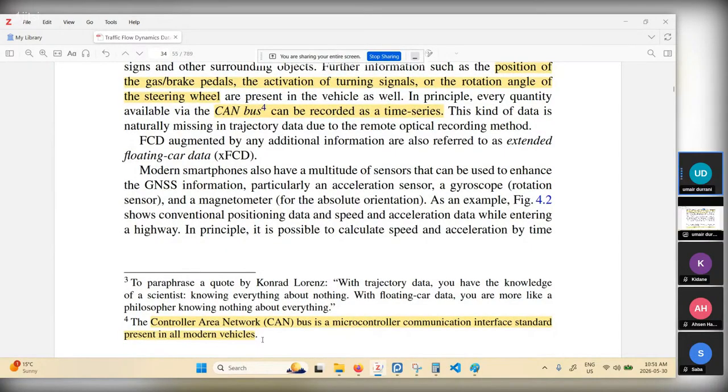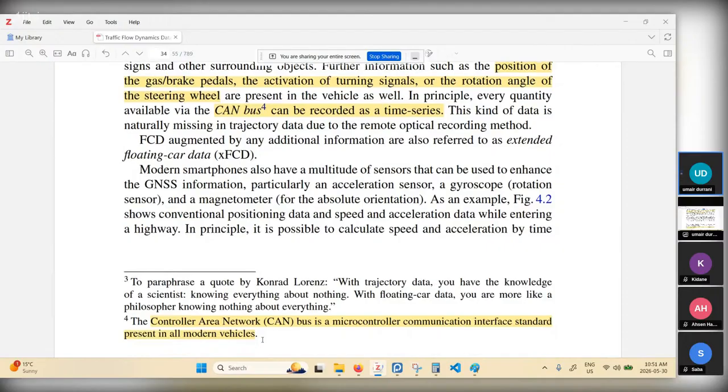It's the controller area network, and all vehicles have this. And this communicates the information as time series from the vehicles. So we can get that information as long as we are extracting this. This information can be provided with the geopositions, and that makes this extended floating car data.